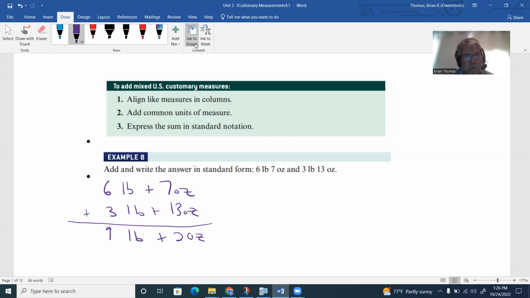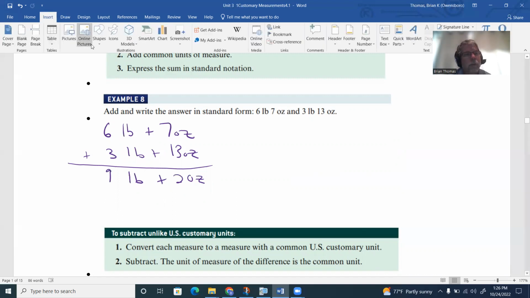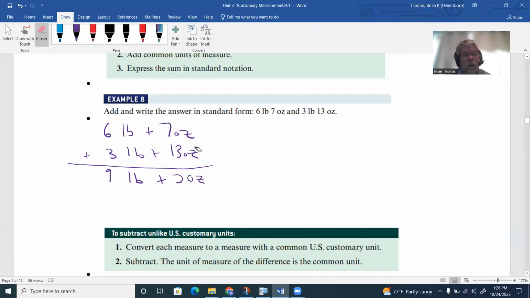Notice how this has to be in standard notation if there are mixed measures. That 20 ounces needs a space between the 20 and the oz.